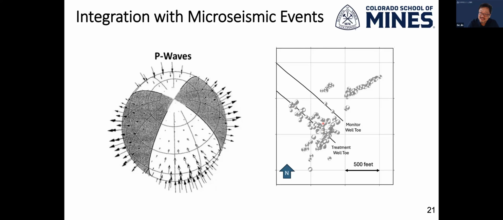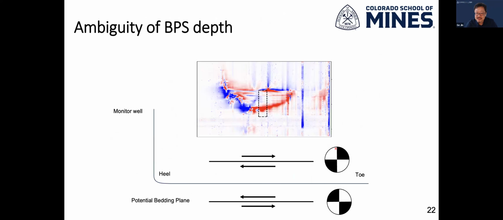And the even nicer thing is that because we have this ambiguity, if this is a bedding plane, the bedding plane above the fiber well and below the fiber well, with different shear directions, all produce the same strain response. However, they represent very different moment tensor solutions. So from the microseismic, we can actually tell whether this bedding plane is above my monitor well or below my monitor well.